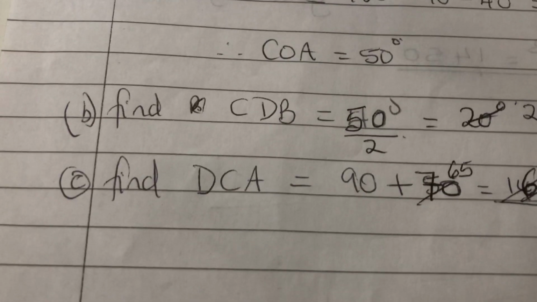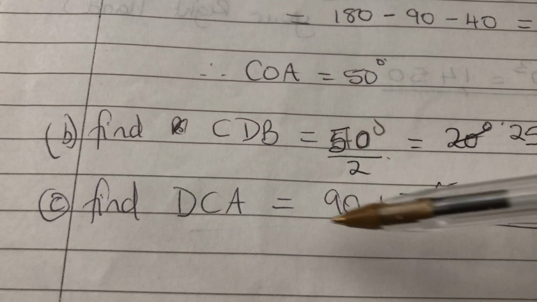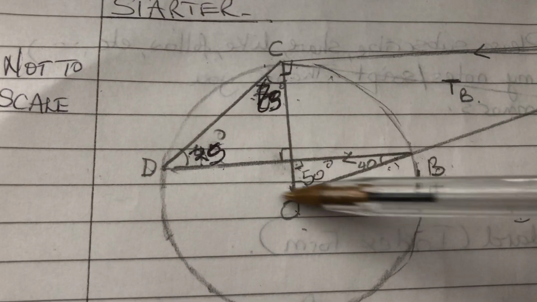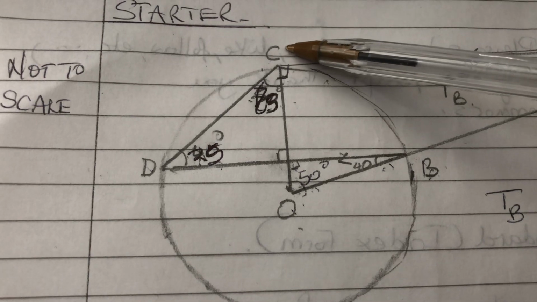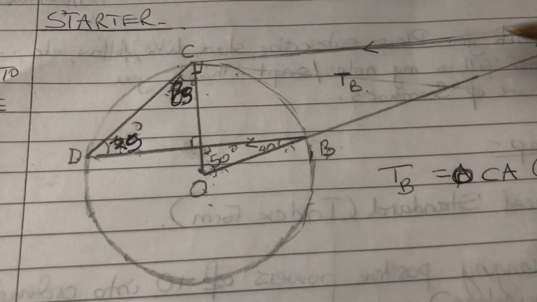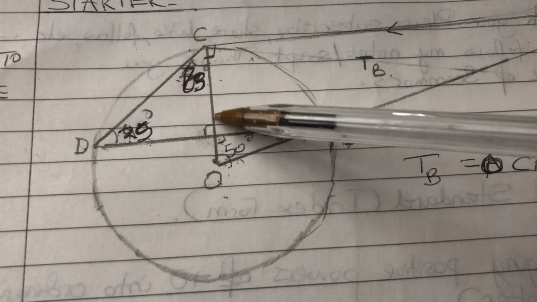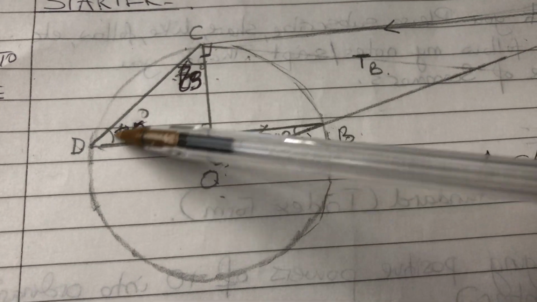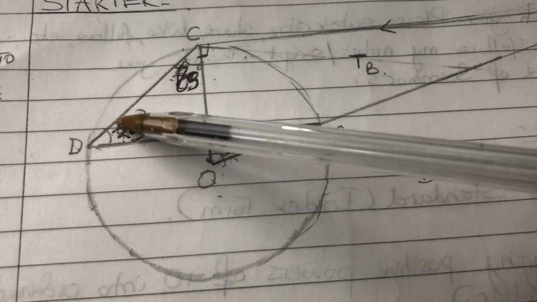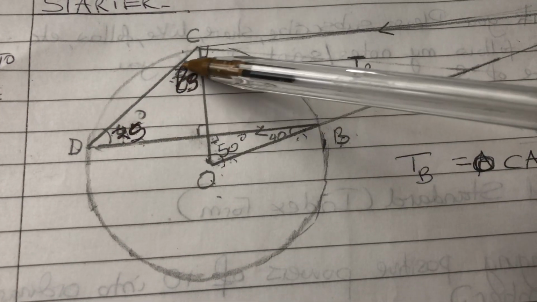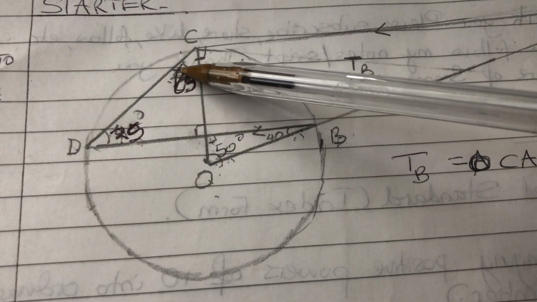Now we want to find DCA. So DCA. So we want to find this angle. Okay, so if I use this little triangle here, if that is 25, then this angle will be 65.